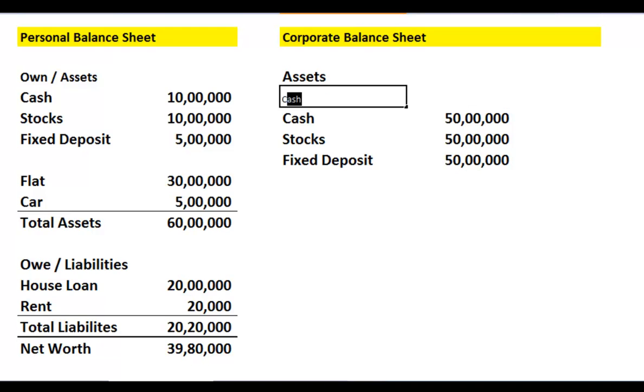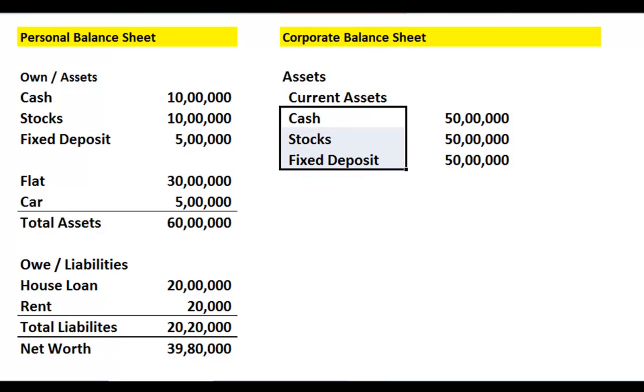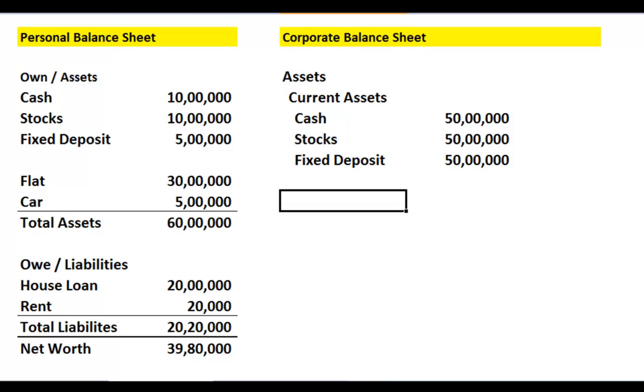Such assets are called current assets. These are the current assets of a company. Current assets are nothing but assets that are liquid in nature, either cash or cash equivalents like stocks or fixed deposits that can be sold immediately.